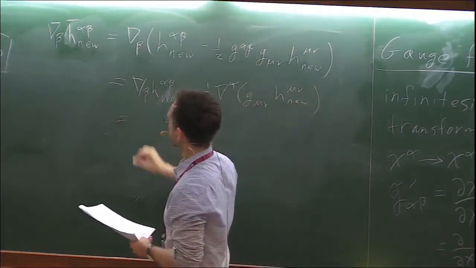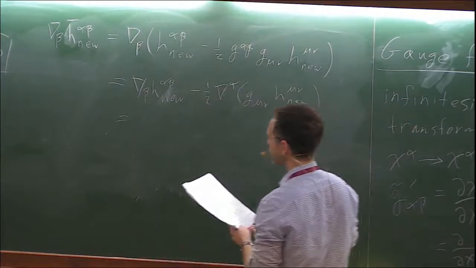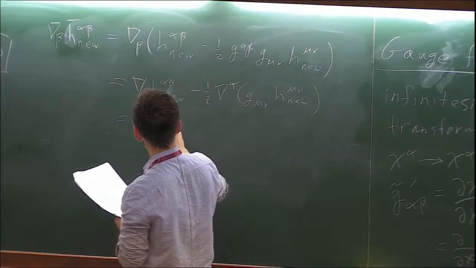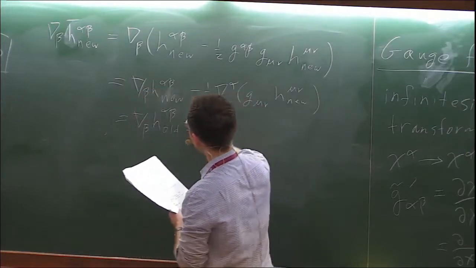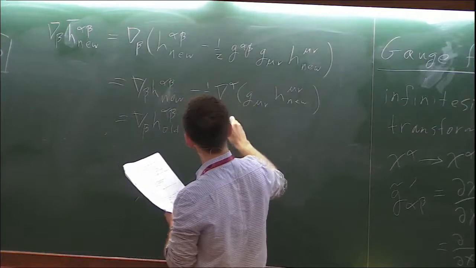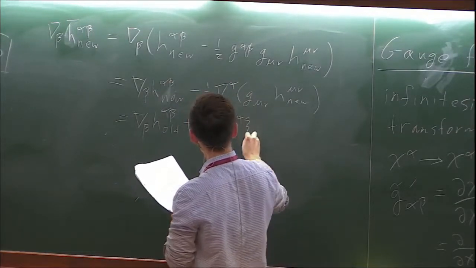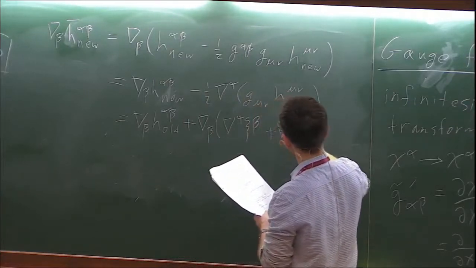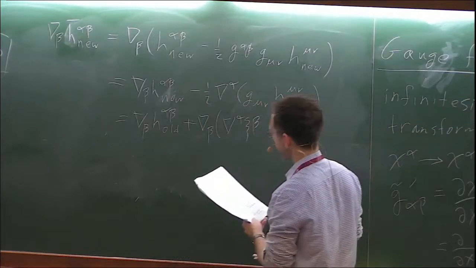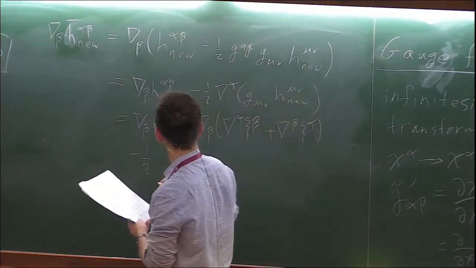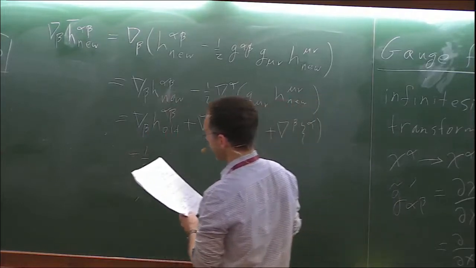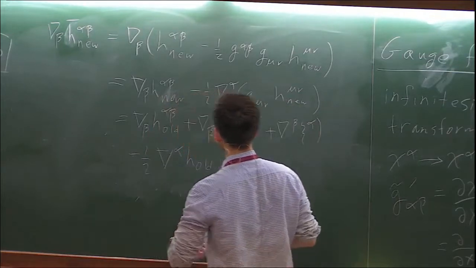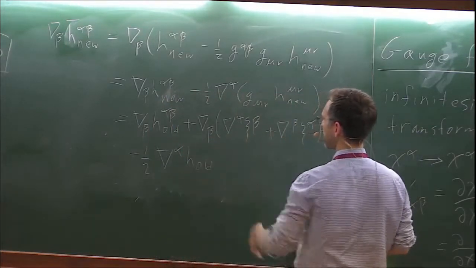Now let me substitute what h nu is in terms of h old. So first we get the divergence of h old. Then we have this divergence of the gauge perturbation. Then we have this second term, minus a half times grad alpha h old. So h old here with no indices is the trace of h old.